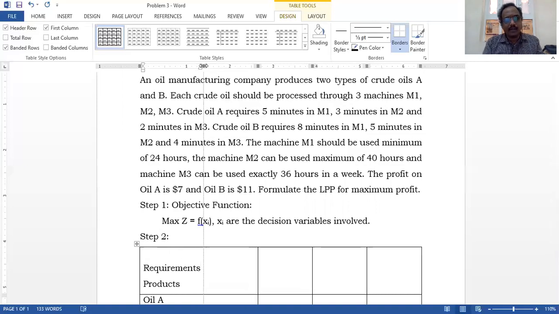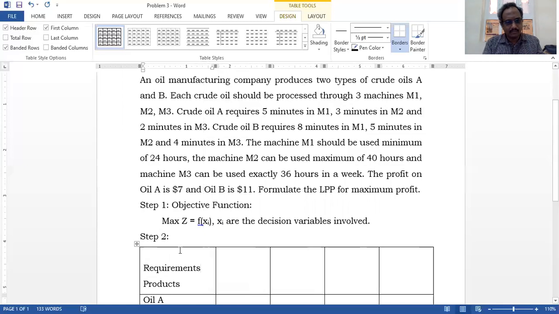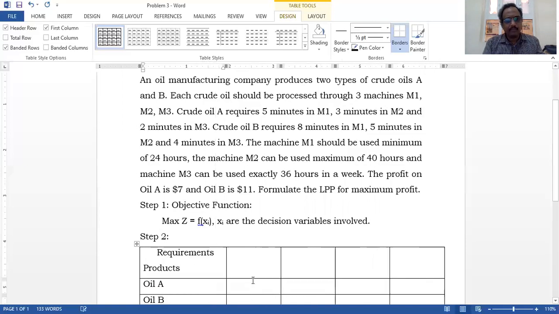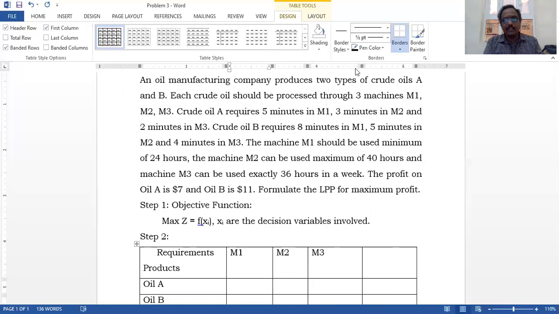I am going to take the requirement. Here we are having 3 machines because the oil A should go with machine 1 M1, machine 2 M2, and machine 3 M3. And they have defined the requirements: M1 how many minutes, M2 how many minutes, and M3 how many minutes.